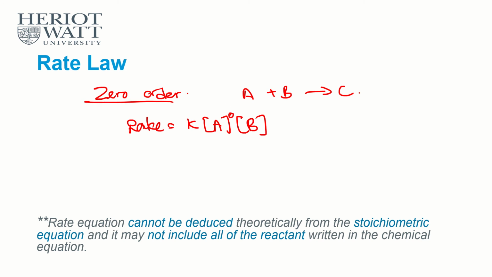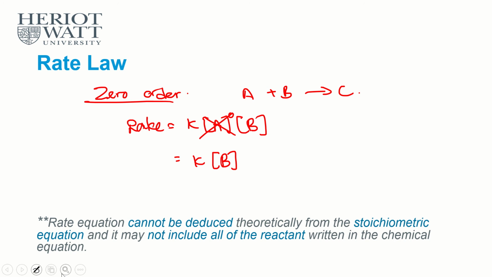When it's power zero, A becomes 1, so it's just k[B], because something to the power zero is equal to 1. So when you have concentration of A to the power of 0, it indicates that A is zero order, and the change in concentration of A has no effect on the rate of reaction. That's zero order.